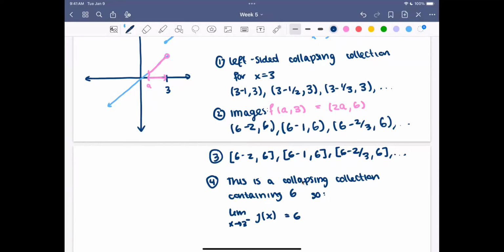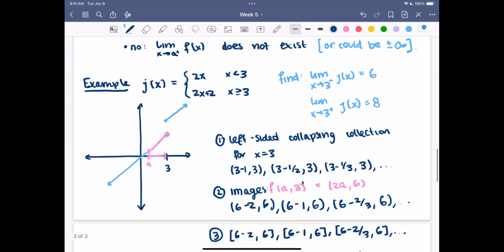And then the images now would come from this part of the graph, right? So if I had intervals like this, we'd be looking at the second case of the graph. And so these green intervals would be a collapsing collection, and the wrappers of them would be a collapsing collection for 8.